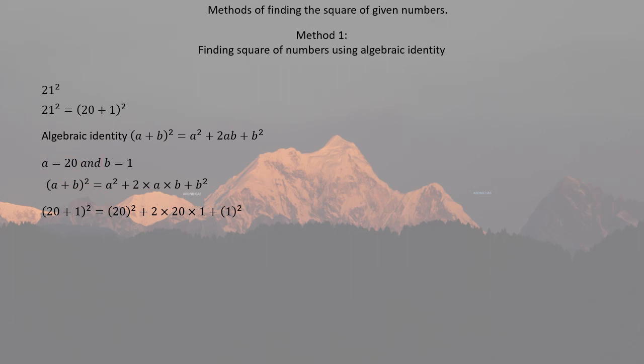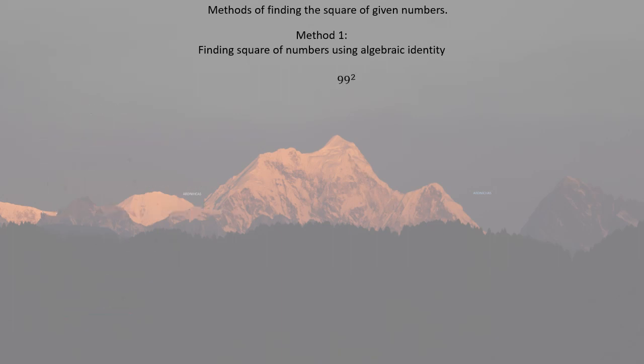Now 20 square is 400, and 2 into 20 into 1 is 40, and 1 square is 1. So 400 plus 40 is 440, and 1 is there. So 440 plus 1 is 441. Therefore the square of 21 is 441.